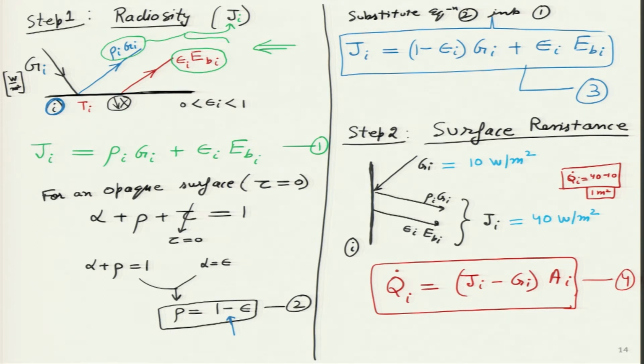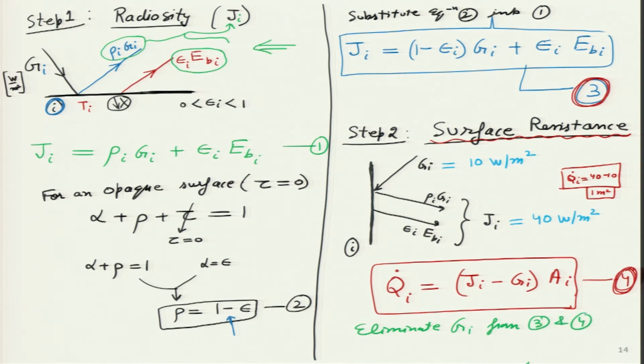Now comes the interesting part. We have both these equations here on the same screen. So, I am going to highlight equation number 3 and equation number 4. By combining equation 3 and equation 4, we will be able to see very nicely the concept of surface resistance. Let us eliminate G I, which is the irradiance, from equations 3 and 4.